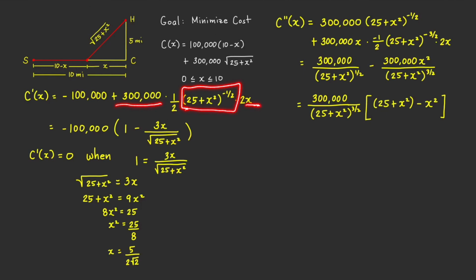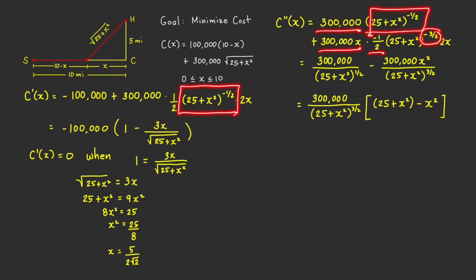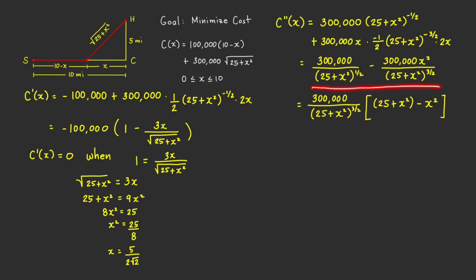Using the derivative of a product, it will be this expression times the derivative of 300,000x with respect to x, which is 300,000, plus 300,000x times the derivative of this expression. Again, bring down the power, negative 1 half, subtract 1 from the power to get negative 3 halves, times the derivative of the base, which is 2x. We can write this in this form, making the powers positive.